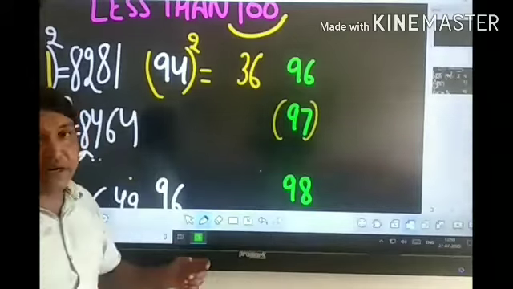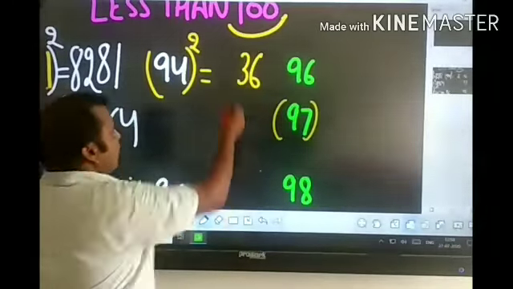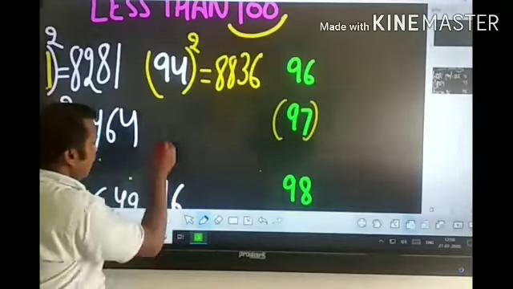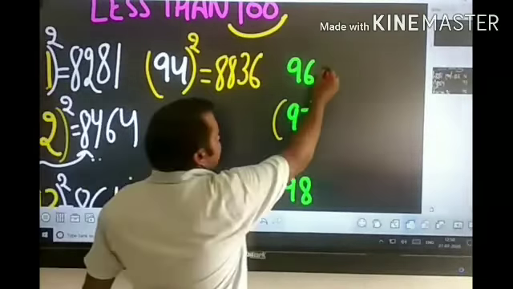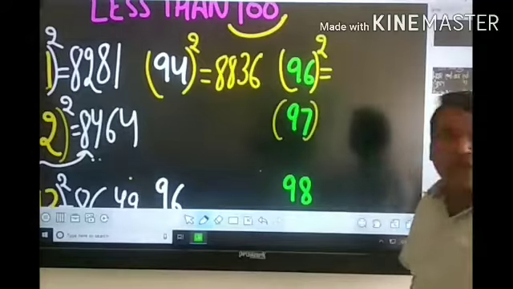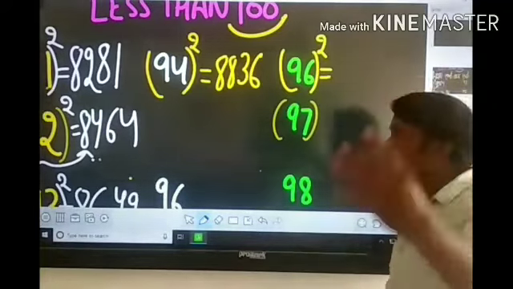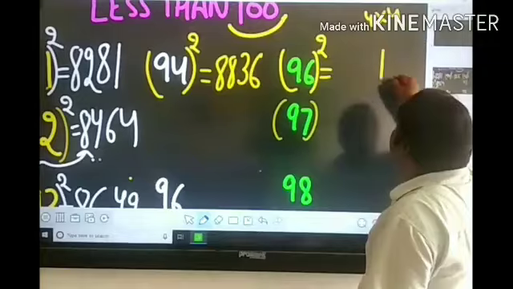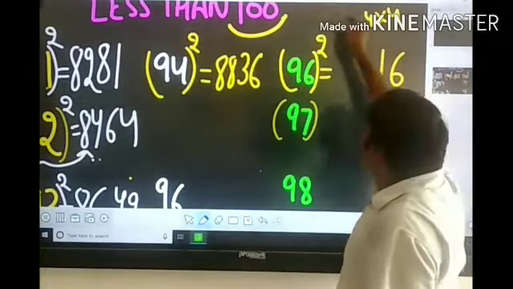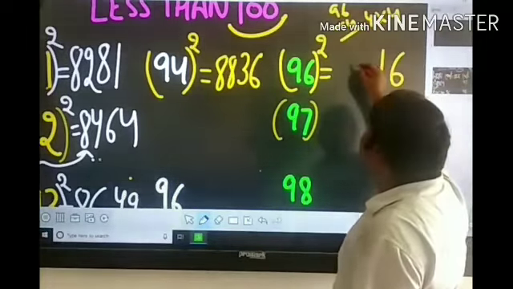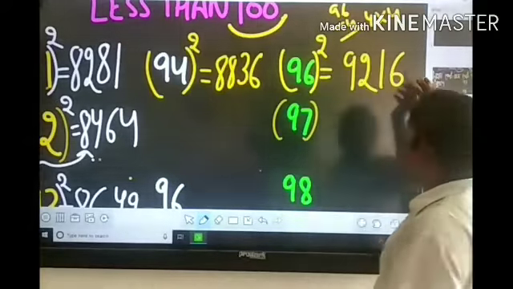So the square of 6 is 36. And I will subtract 6 from 94, that is 88. Now 96 square. 96 is 4 less than 100. So I will square 4, that is 16, and 96 minus 4 is 92.